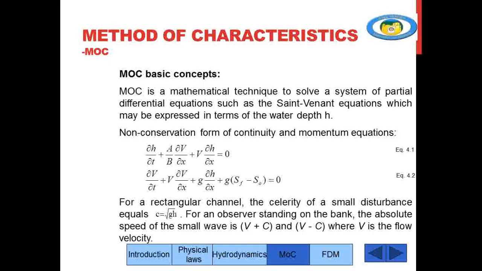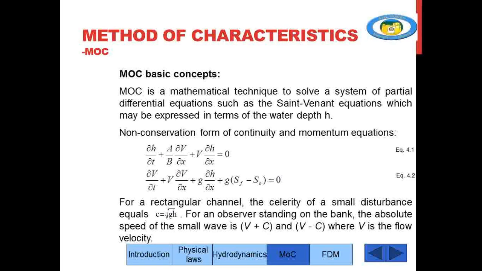Here we are going to use the non-conservation form of the continuity and momentum equations. So they are expressed in terms of H and V, basically. And we know earlier we have been talking about the celerity, remember?